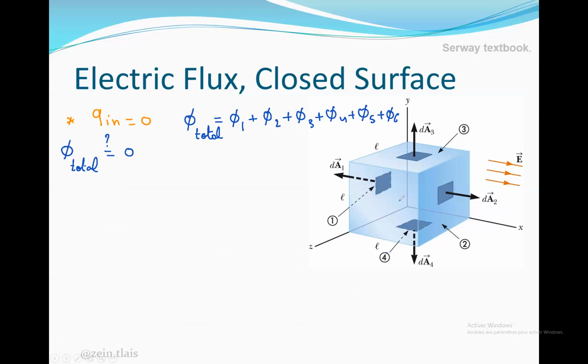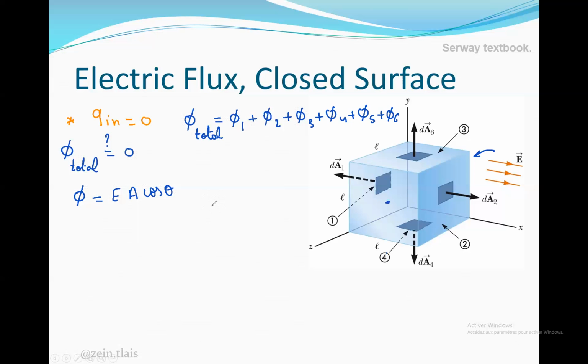We have 5 on the side here. And 6 to the side here. In general, you know that the flux is equal to EA cosine theta. Here we have E constant. We can use this equation.